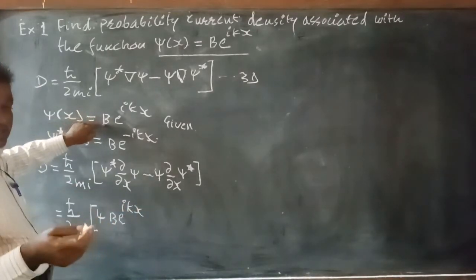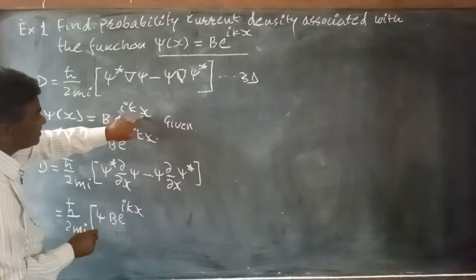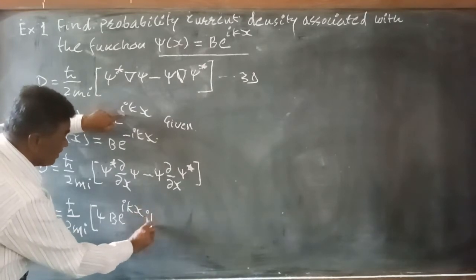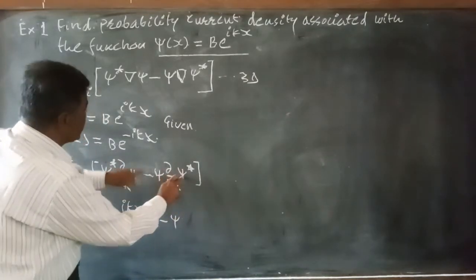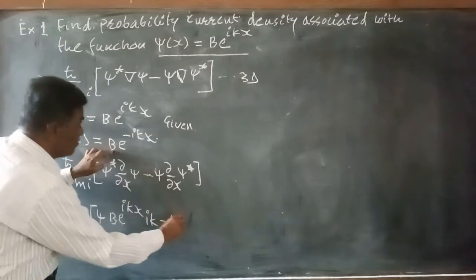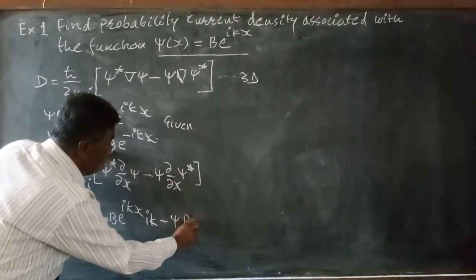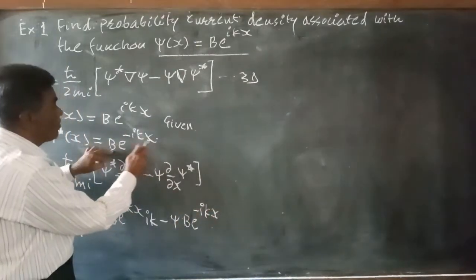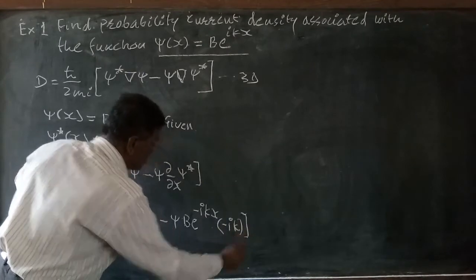Differentiation of e to the power x is e to the power x times the differentiation of the power term, so b e to the power ikx as it is, times the coefficient of x, that is ik. Then minus psi as it is, and the differentiation of psi star, which is b into e to the power minus ikx: b e to the power minus ikx as it is, into the differentiation of the power term, that is minus ik.